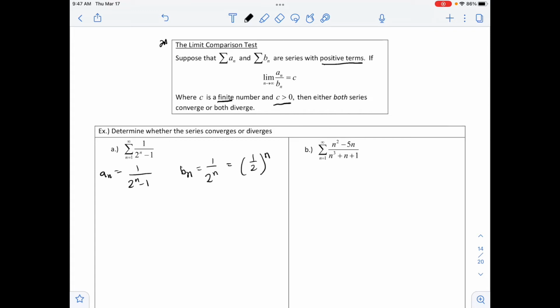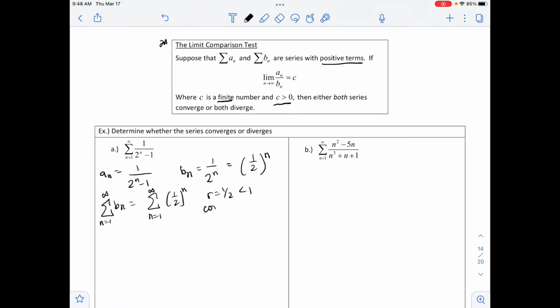And so we know that the sum from n equals 1 to infinity of b sub n, which is going to be the sum from n equals 1 to infinity of 1/2 to the nth power, r is equal to 1/2, which is less than 1.